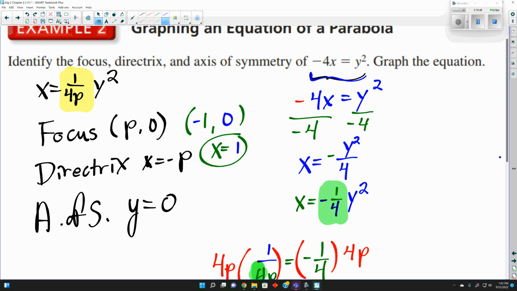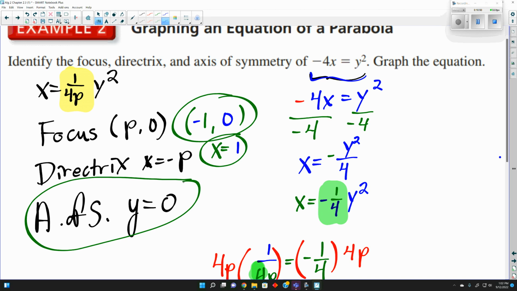So this here is our directrix, this here is our focus, and that's the axis of symmetry. That's it. That's all we have to do. Questions on this here? We're ready for the next one.